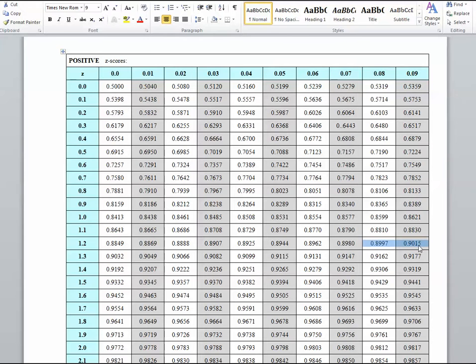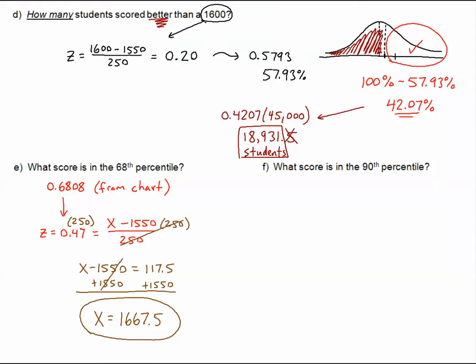Well, this is 15/10,000ths away, and this is only 3/10,000ths. So it looks like we have our winner, 0.8997. Again, that's just from the table, from the chart.